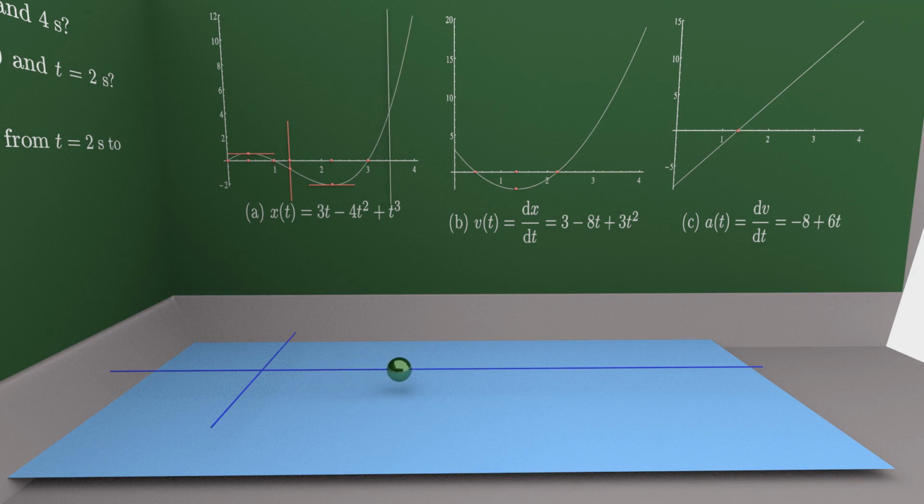Finally, we can show the whole motion of the particle from 0 to the 4th second. Therefore, we have this. The particle has initial velocity and moves in a positive direction. It slows down until it stops.